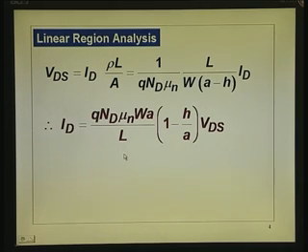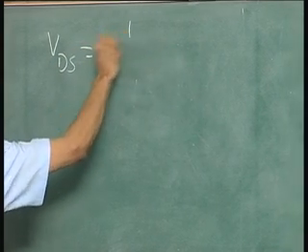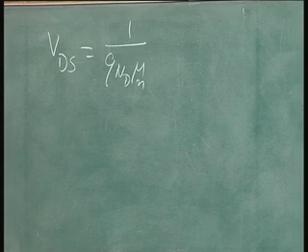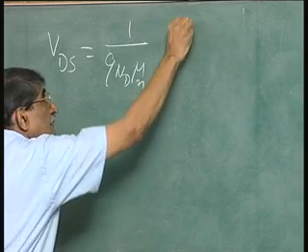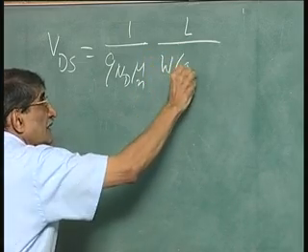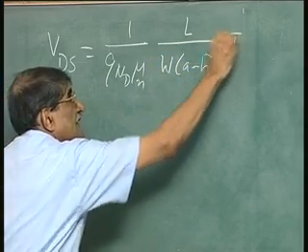If you have difficulty, I will put it back on the board. VDS is 1 by q n d mu n, that is rho, into L divided by the area W into A minus h, into ID.